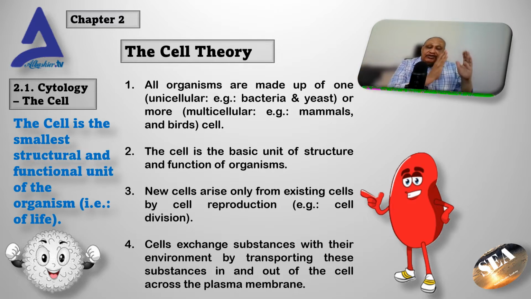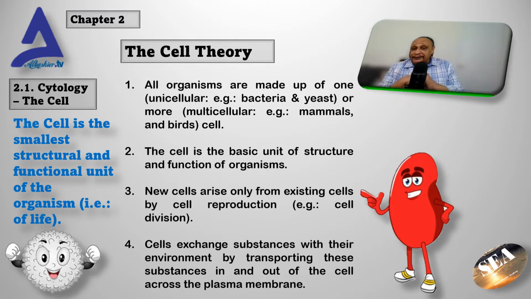So this is a unicellular organism, or of more than one cell. That means it has many cells, so it is called multicellular. An example of this is mammals and birds.